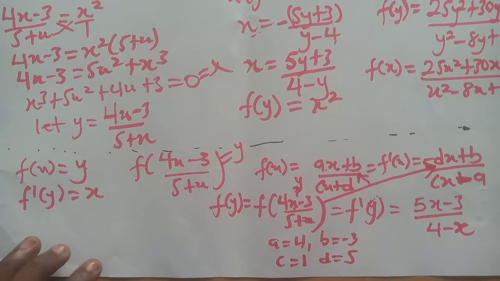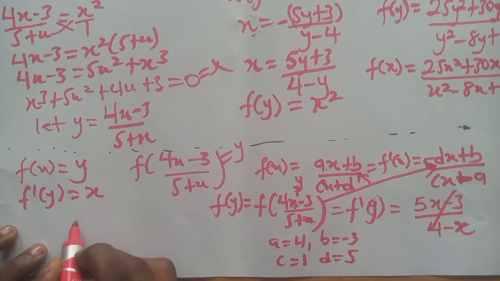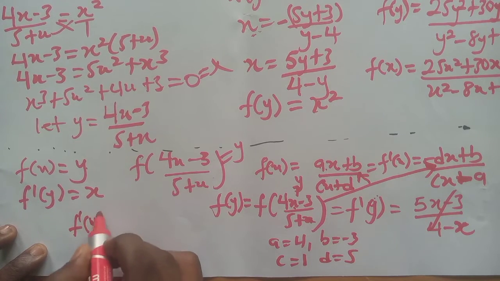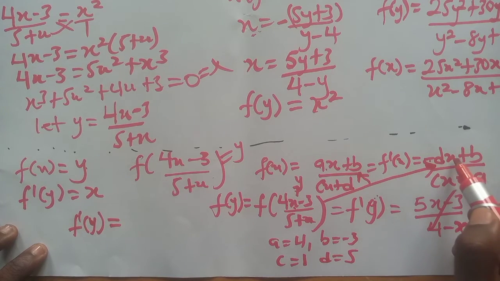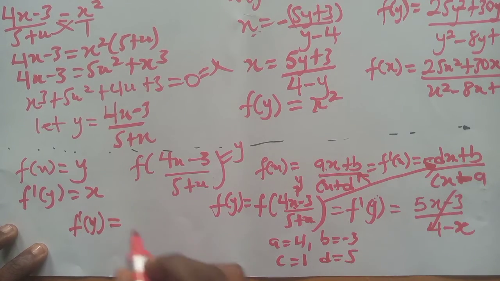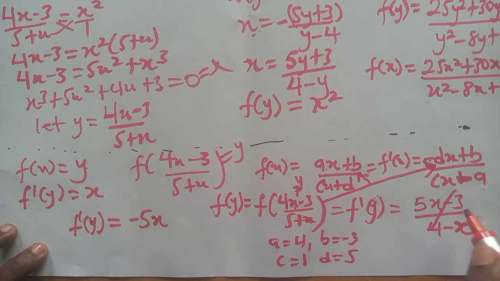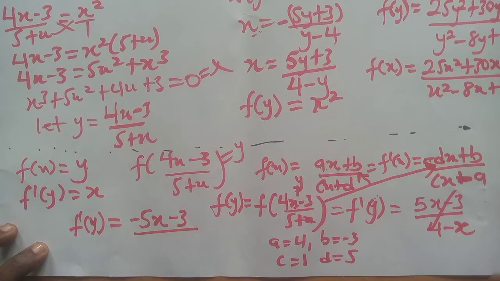So now let's look at f of y. In this case f of y, let me write it here, which is the inverse of y, will be equal to, now it becomes minus dx. Now d is this, so it becomes minus 5x, and then it becomes plus b, so we have b to be minus 3 already here, divided by cx. What is c?